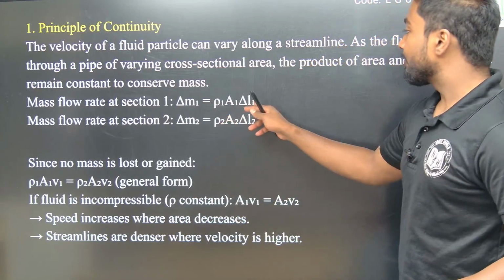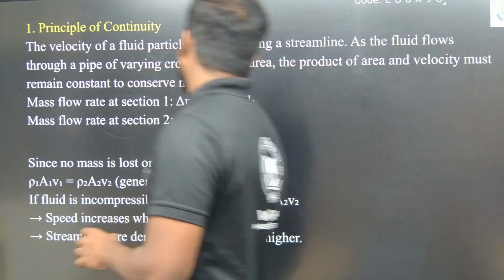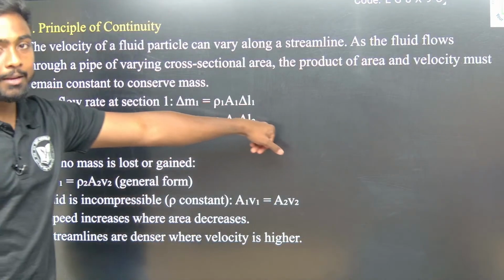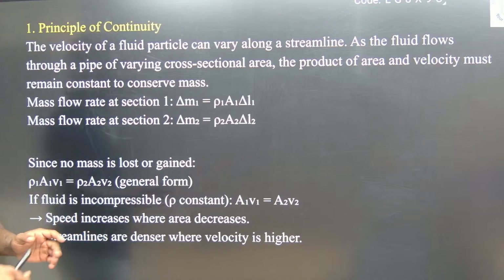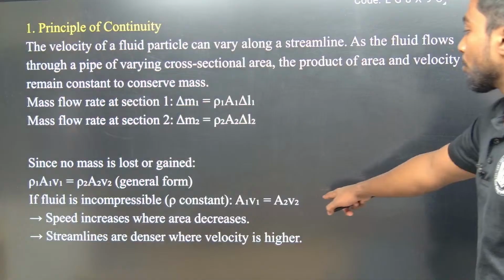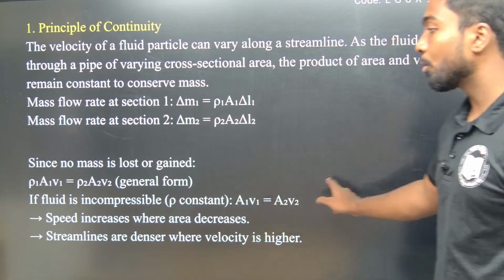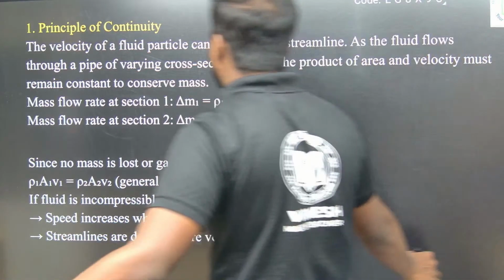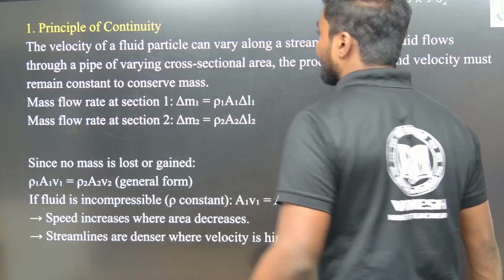So rho A1 V1 equals rho A2 V2. Since density is common, A1 V1 equals A2 V2. The fluid is incompressible, as we have studied; gas is compressible, while liquid is incompressible.